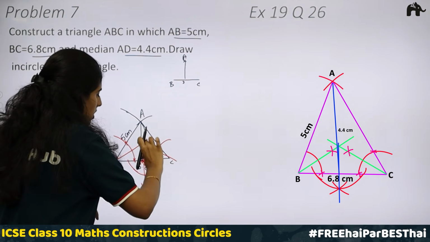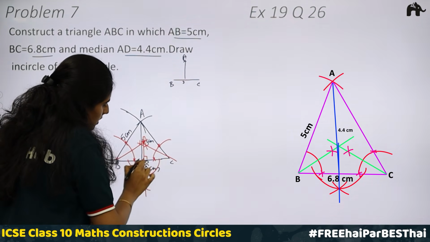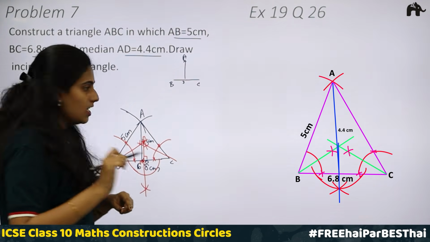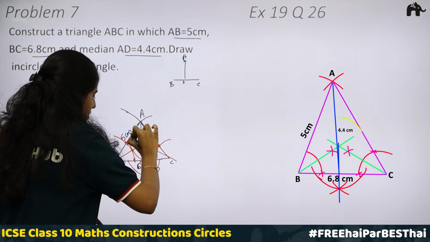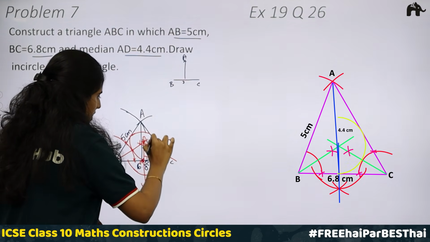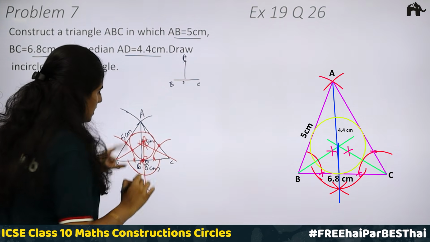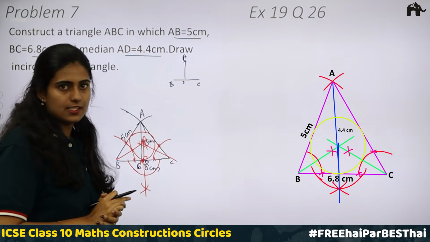So, we are drawing a perpendicular, and with this perpendicular, we are taking a point M, which is on BC. Now, we'll draw a circle. So, this is the required circle. The circle we constructed is the incircle. Center O and OM as the radius.